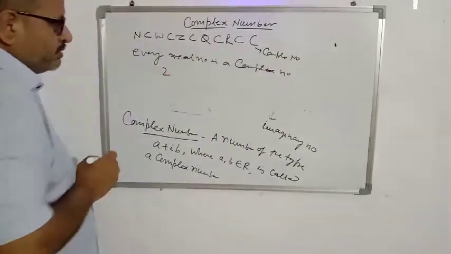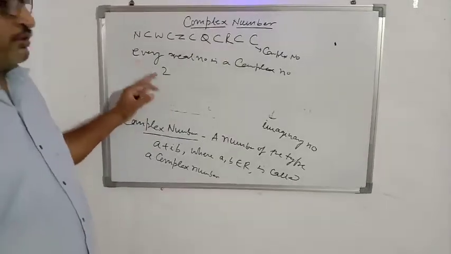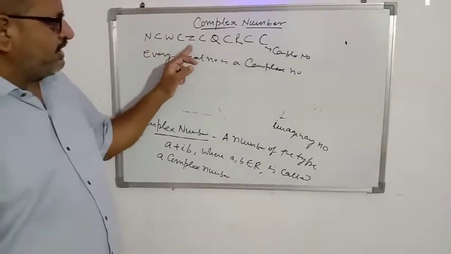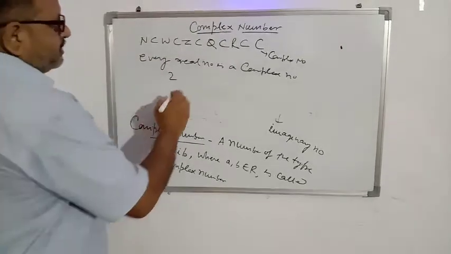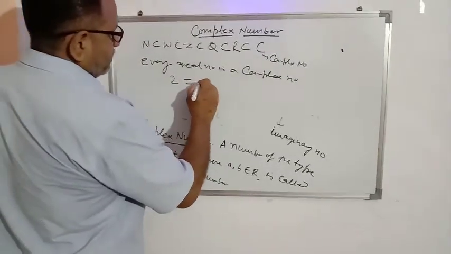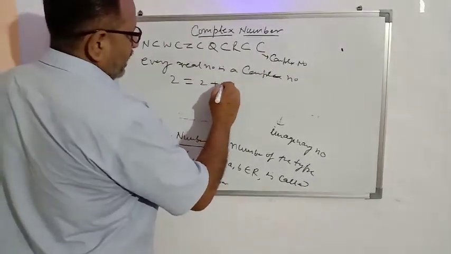Suppose 2. 2 is a real number, a natural number, whole number, integer, rational number. 2 is also a complex number. We can express it as 2 plus i into 0.